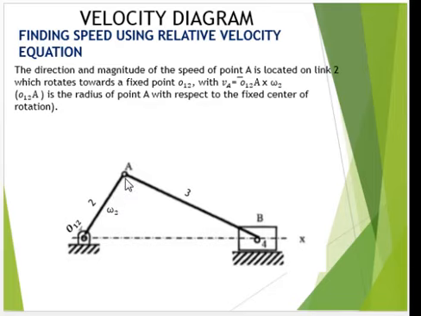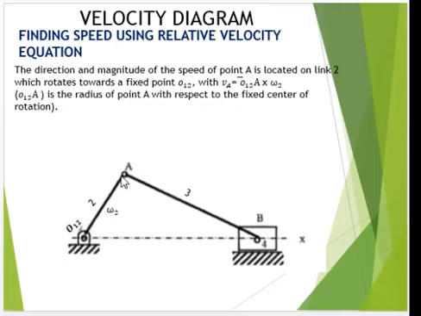So we can conclude that the linear speed at point A is perpendicular to the radius of link 2, in this direction.